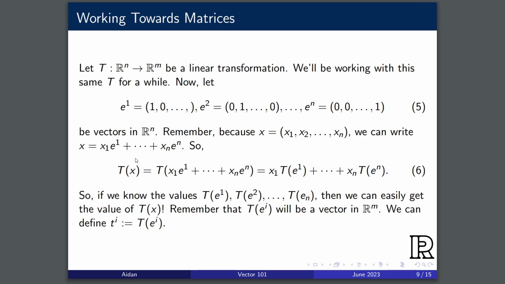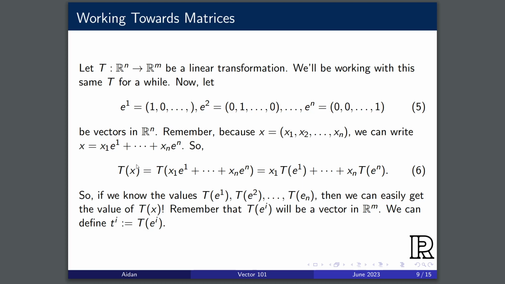This is a very useful thing. We call these e1 through en the quote-unquote standard basis, which is actually an orthonormal basis for Rn, as we defined what an orthonormal basis was, but don't worry too much if you don't know what that means. So basically, you can write x as a linear combination of elements in the standard basis.